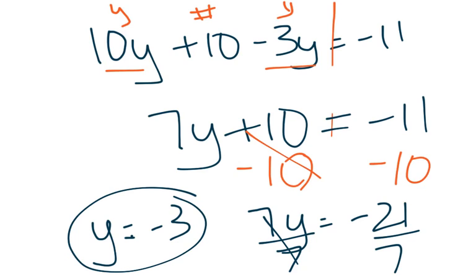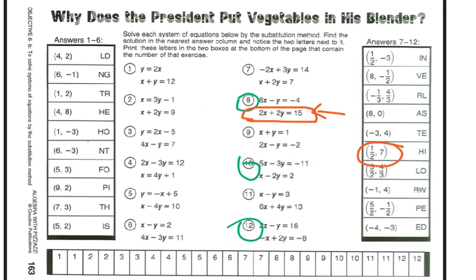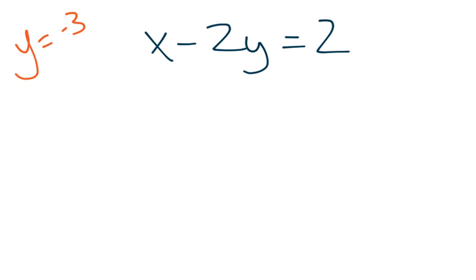So now we're going to go back to the original problem, and we're going to see which one of the equations we should use. Looking at the equations, I'm going to say that the second one is probably the easiest one. So I'm going to use the second one. Okay, we know that y equals -3, and we're choosing the second equation to plug it in for.